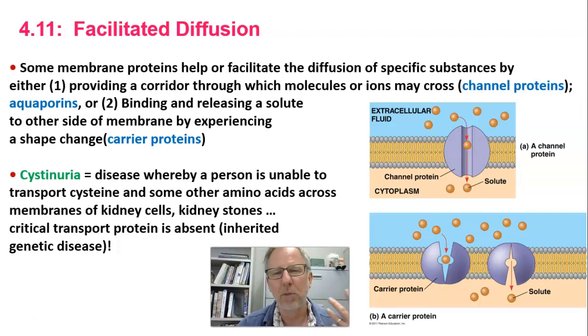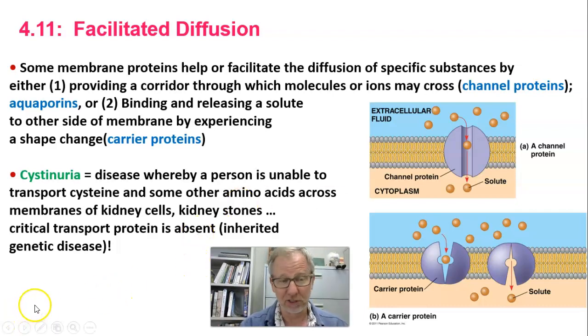This is where a person is unable to transport the amino acid cysteine and some other amino acids across the membranes of kidney cells. Kidneys are what are filtering your blood. This results in kidney stones, which can be very painful. So if any critical transport protein is absent, that's an inherited genetic disease.